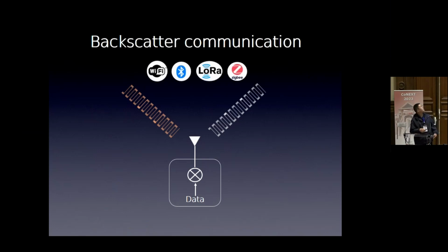We have said that backscatter relies on excitations. To avoid the extra deployment of dedicated excitations, researchers have been exploring the use of Wi-Fi, Bluetooth, LTE, etc. as excitations, because these wireless signals are pervasive and easy to get.